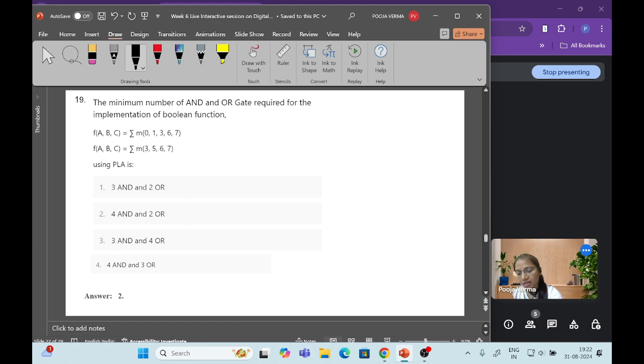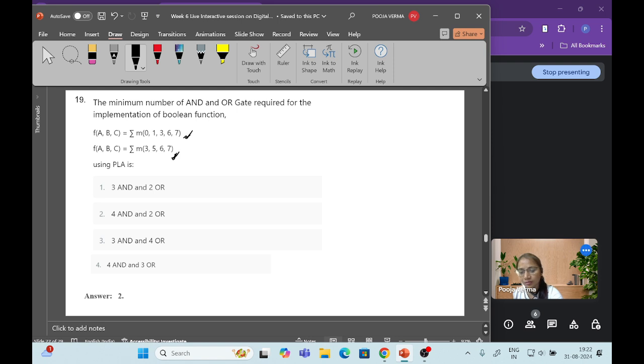So how can we check it? In order to find out the minimum number of AND gates and OR gates, first we have to find out what will be the Boolean expression for these two functions. How can we find out? Using K-map, because we have to minimize that one.